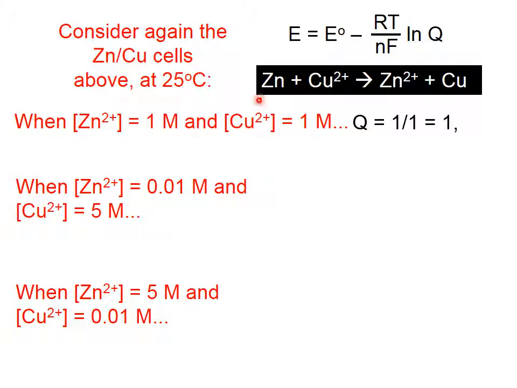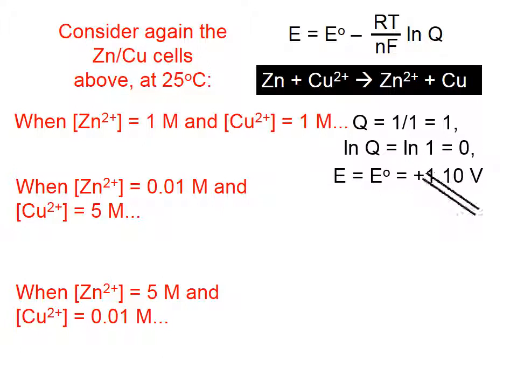Remember that neutral metal, like zinc and copper, does not appear in an equilibrium constant expression or a reaction quotient. So 1 molar zinc ion concentration divided by 1 molar copper 2 ion concentration gives you a Q value of 1. Log of 1 is 0, which means in the Nernst equation, when the concentrations are 1 molar, this term completely falls out, and the cell potential is just the standard cell potential of 1.10 volts in this case.